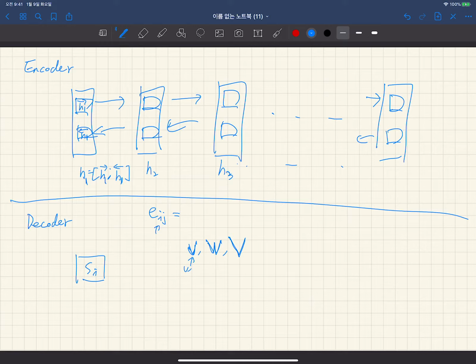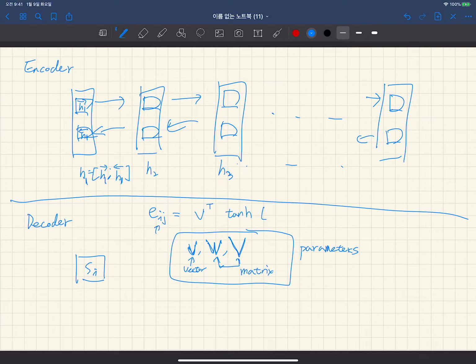This is a vector, this is a matrix. All of them are model parameters. Eij computes this function: v transpose tanh of W S(i-1) plus V Hj.